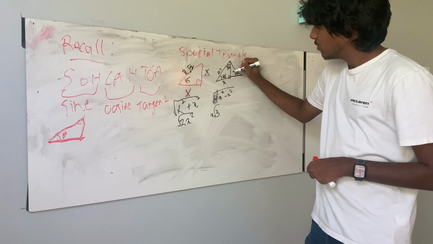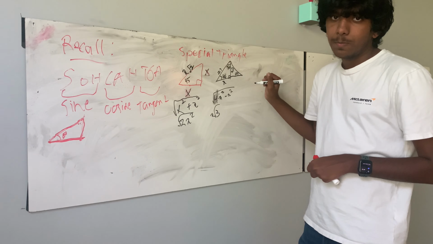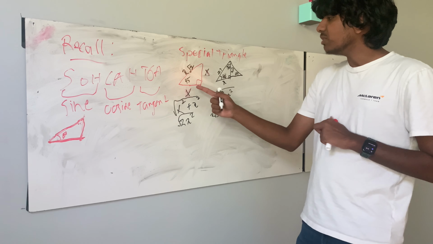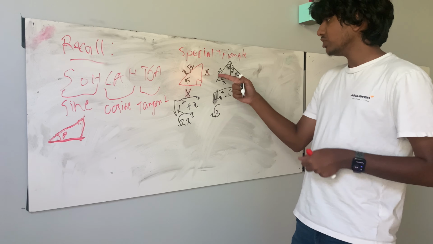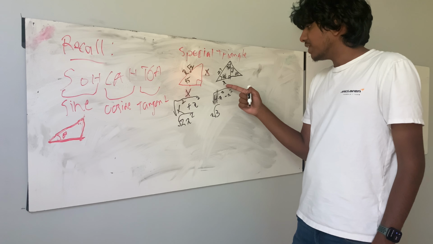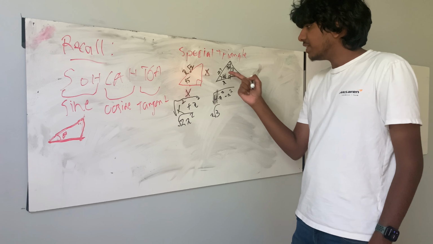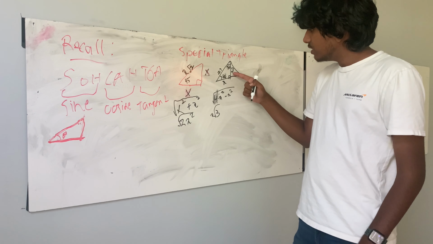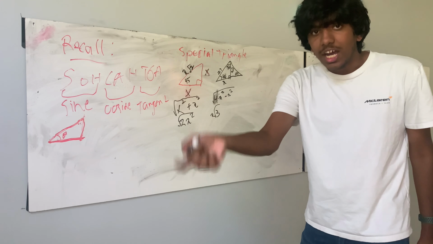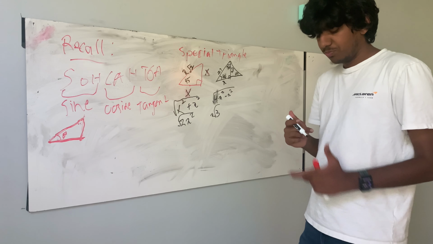So this is x root 3. What these numbers really mean is the factor by which x is increasing. This 2x means the hypotenuse is double the smaller side. And same thing here, this root 3 means it is root 3 times the smaller side.